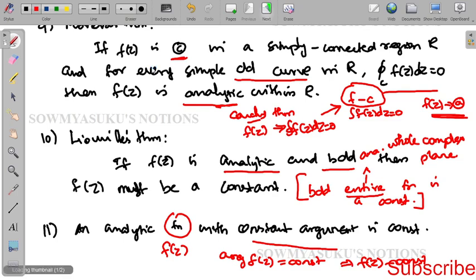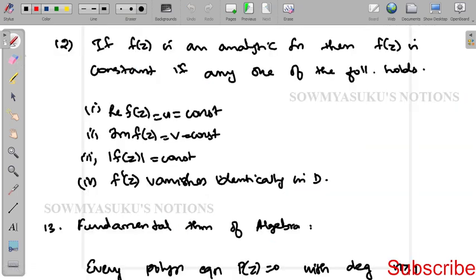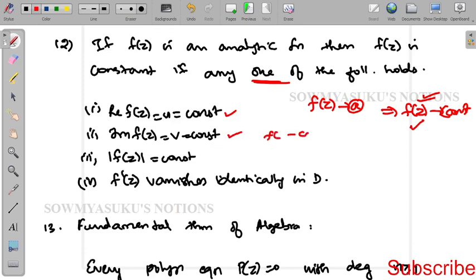The 12th result, same as the 11th one. If f(z) is analytic, then we can say that f(z) is constant if one of the following conditions holds. If the real part is constant, then f(z) is constant, or the imaginary part is constant, then f(z) is constant, or the modulus of the function is constant, then f(z) is constant, or f'(z) vanishes identically, then also we can say that f(z) is constant.